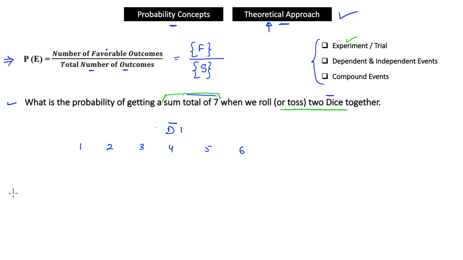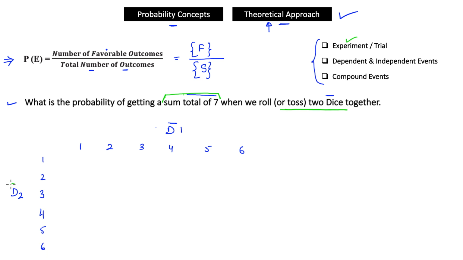And along the vertical axis, I will have my second die, meaning this is the space of all possible outcomes 1 through 6 that will happen when you roll your second die. So now you have a very nice matrix in which there are 6 possible outcomes along the horizontal axis and 6 possible outcomes on the vertical axis.